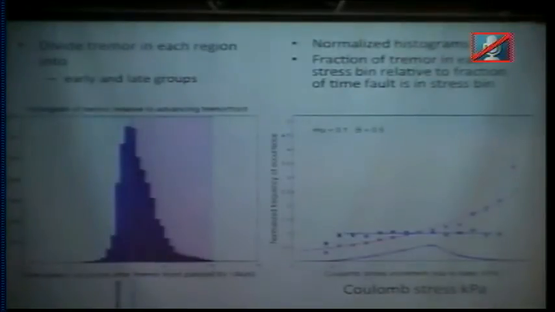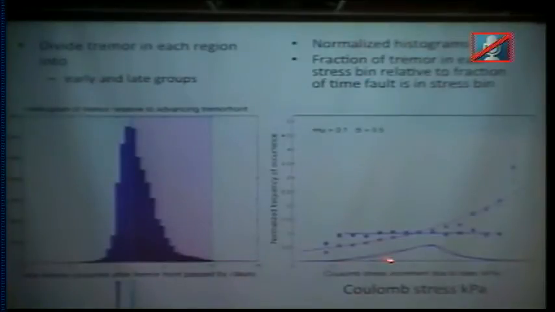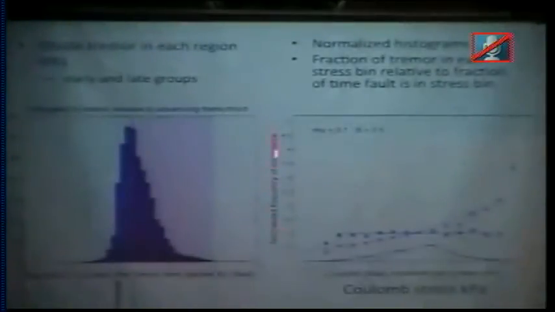And it goes up to 3 kilopascals and negative 3 kilopascals, which would inhibit slip. And this is actually in the direction of plate convergence. The shear stress is calculated in the direction of plate convergence. It's a small detail. And on this axis, I have a ratio called the normalized frequency of occurrence.